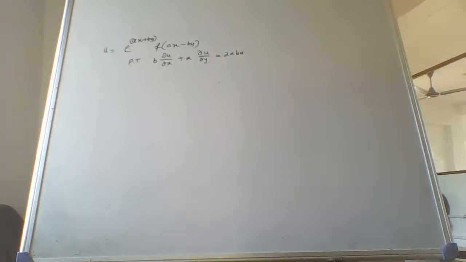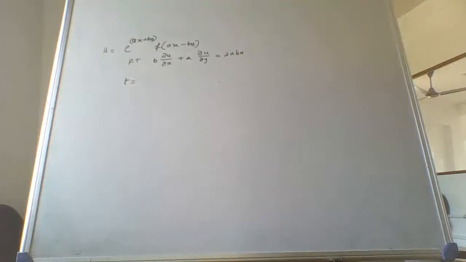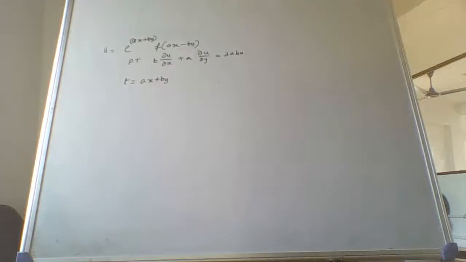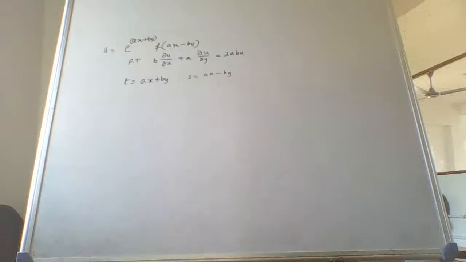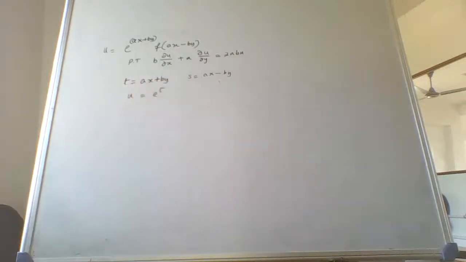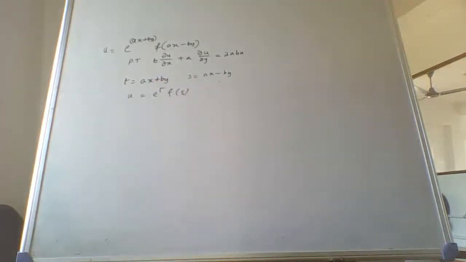So how do we solve this? Let us take t as a variable for ax plus by, and let us take s for ax minus by. It will be easy to solve by putting that as a substitution. So this will be u equal to e to the power of t times f of s. Now partially differentiate with respect to x.